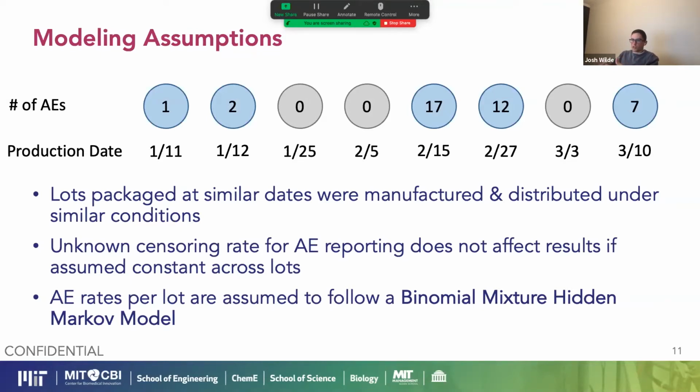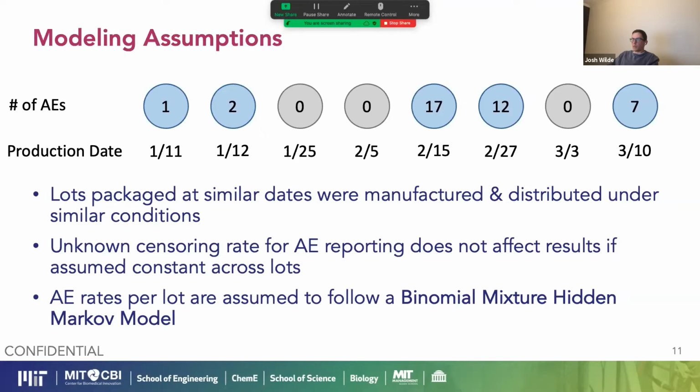the structure that we're assuming that's related to manufacturing and distribution is constrained by the amount of information that we know about each one of these lots. And so that governs our decision to use a sequential model.